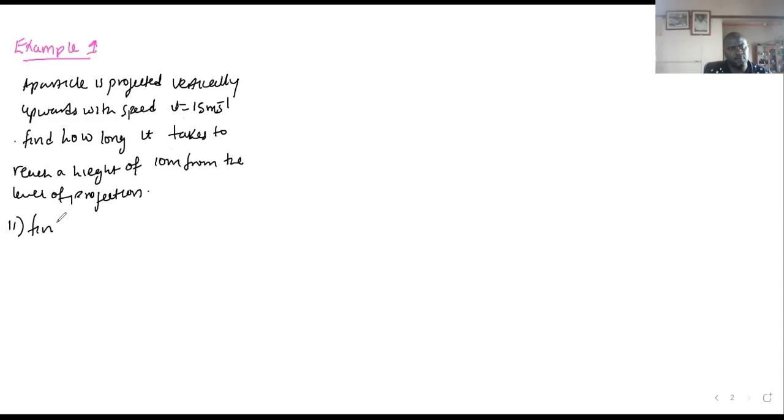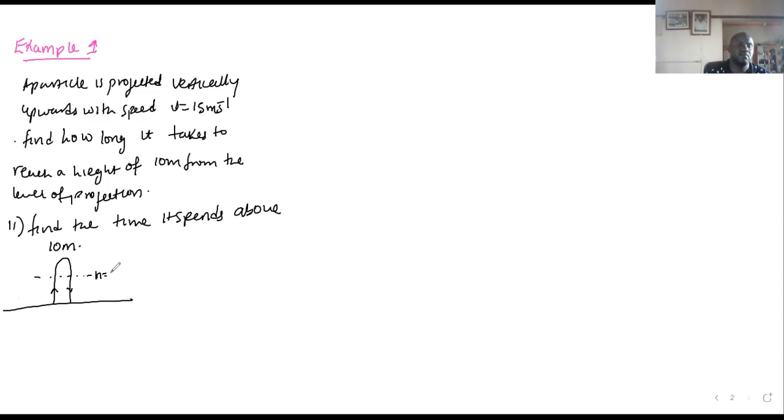Two, find the time it spends above 10 meters. Take screenshots. So according to this question, here we are projecting a particle to move upwards. It's going to reach 10 meters. So they are saying, find how long it has taken to reach there.